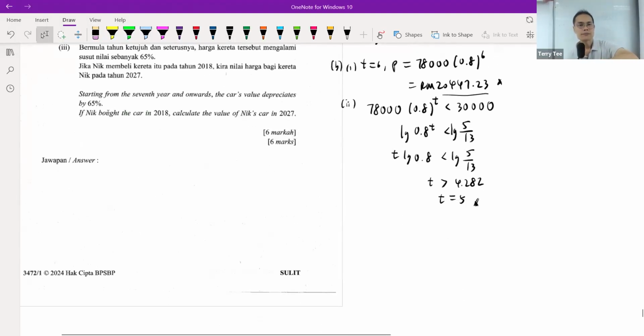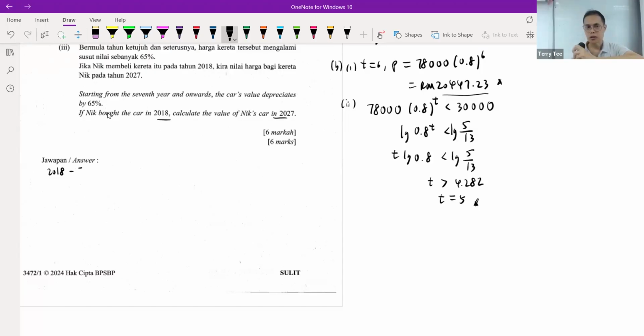Next, starting from the 7th year onwards, the car value depreciates by 65%. Nick bought the car in 2018, find the value in 2027. 2018 is the zeroth term.